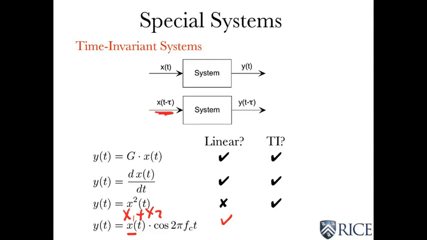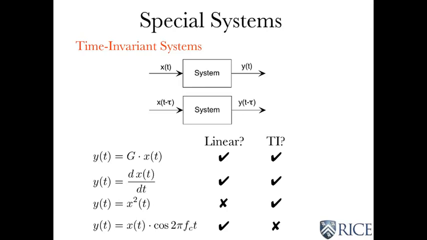So if I replace x here by t minus tau, you don't replace it over here because that's inside the system. That's not the input being delayed. Well, that's not the same expression that you get if you replace t minus tau over here in this formula. You'd have to replace the t in both places by t minus tau. So this system is not time invariant. You delay the input, you do not get the output you had before delayed because this cosine is changing behavior with time.